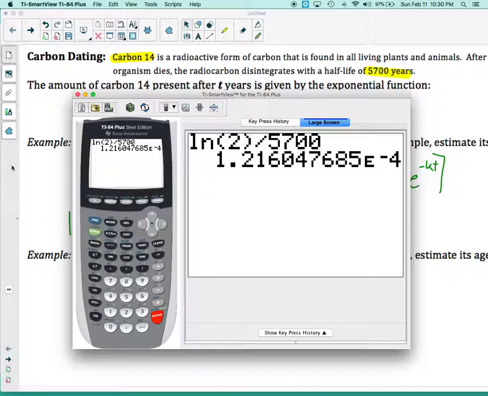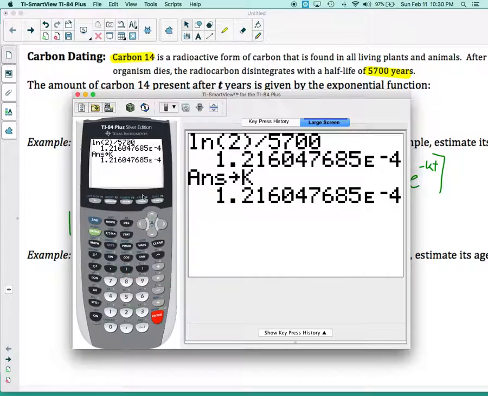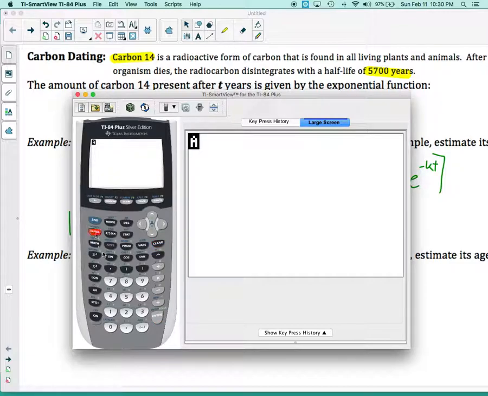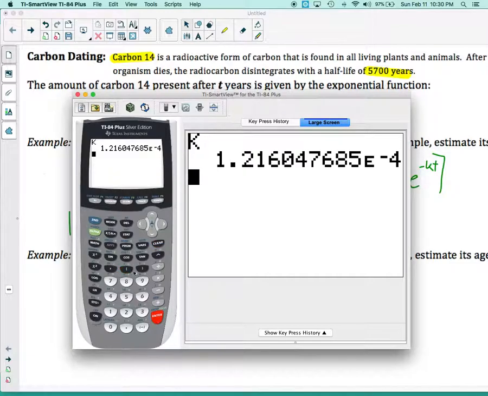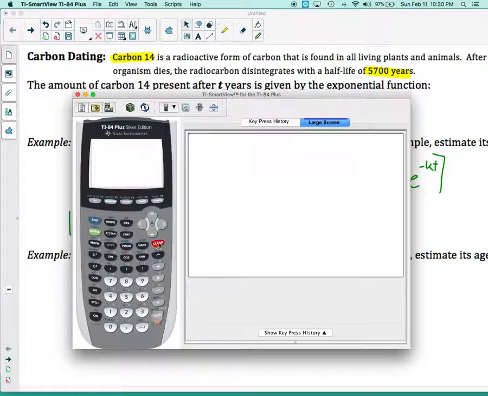And what we're going to do is we're going to store that. So here you have this storage button on your calculator, STO. And then you hit any letter you want, so alpha, and then I'm going to pick k since we're talking about k. So my answer is now stored under k. So if I clear that out and I just hit alpha k, it'll bring that value back up for me. And you can do that with any of these letters here. You can store a value in there.